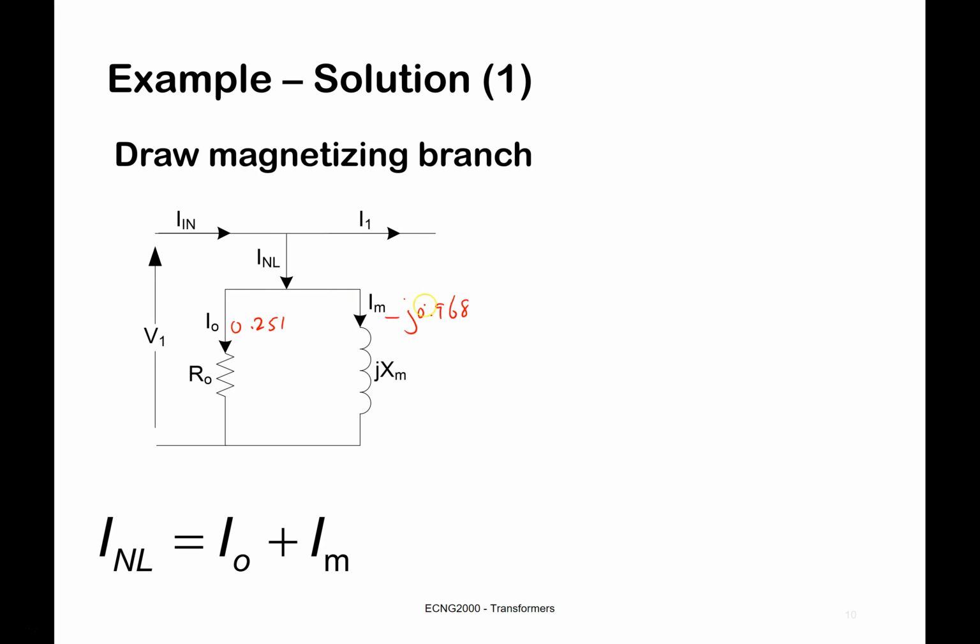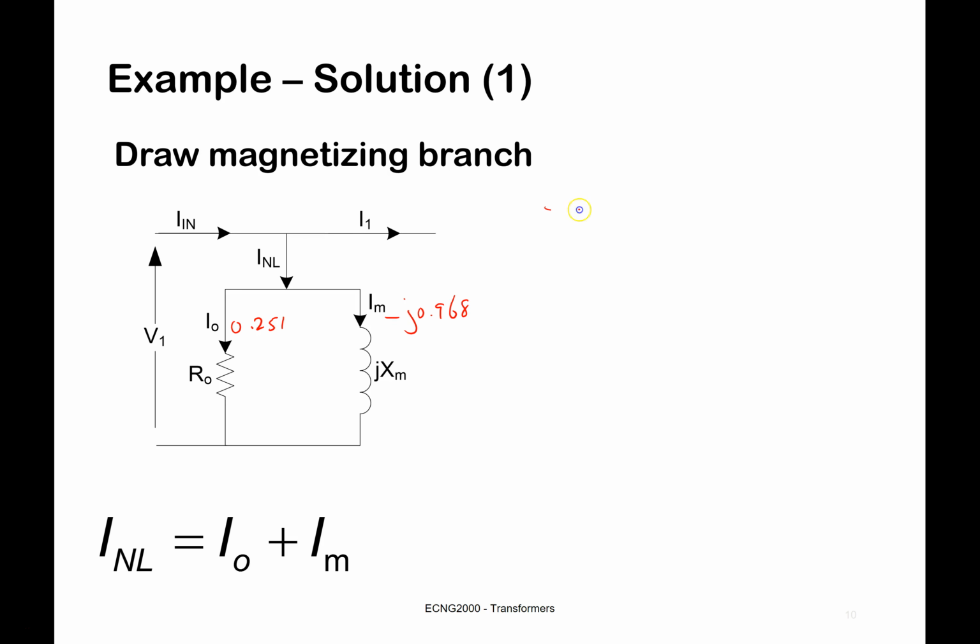And we know they split like this because we have the voltage over a resistance that would give us the real part of the current, and the same voltage over the reactance would give us the imaginary part of the current. This is only true because the resistor and inductor are in parallel.